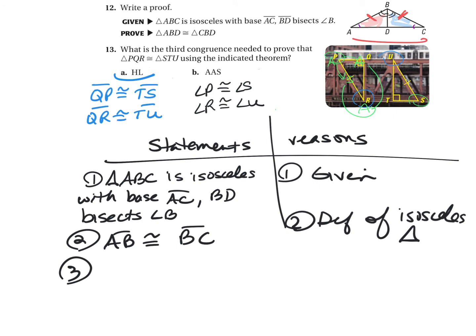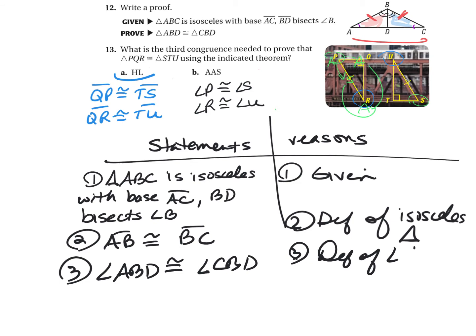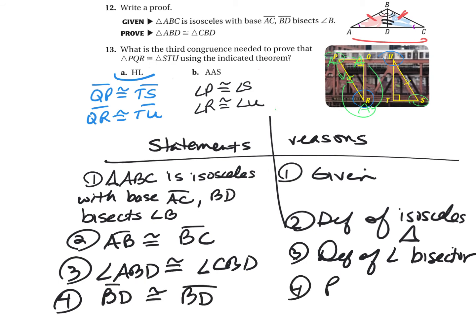So I'm going to state that angle ABD is congruent to angle CBD. And this is definition of an angle bisector. The next thing I'm going to do, because right now I just have a side and an angle, I'm going to do the reflexive side and say that BD is congruent to BD, and that's reflexive.